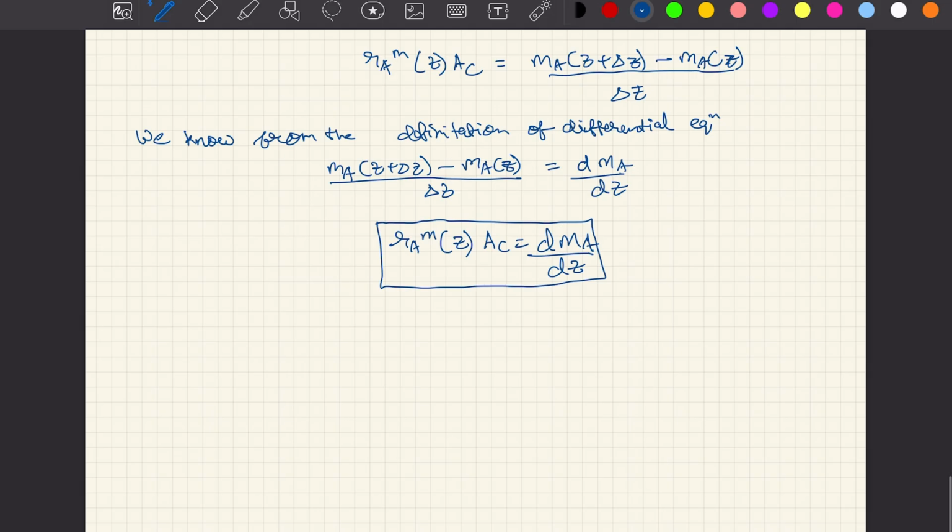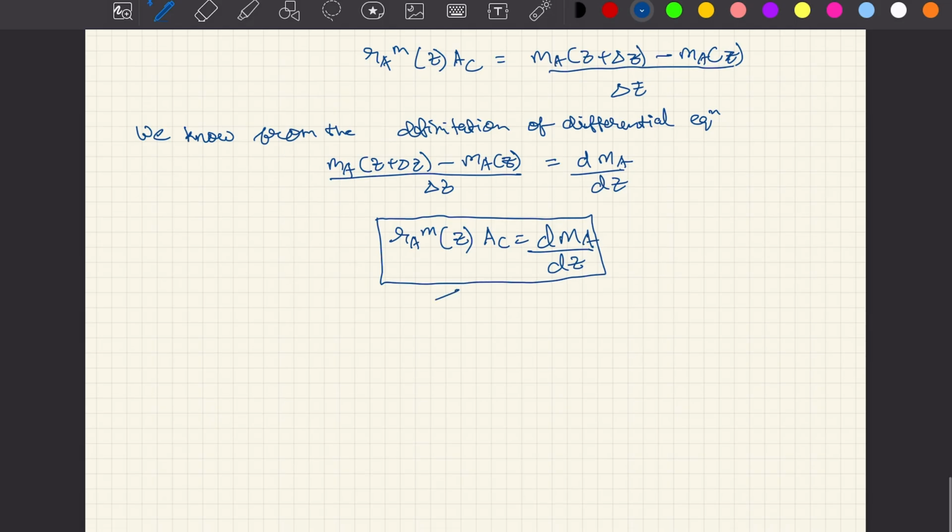so this is the final form of the equation in terms of mass. Similar to above where we converted moles into concentration, we can similarly convert mass into terms of concentration again. We can convert this equation into terms of mass concentration, similar to the above way where we converted moles into concentration gradient. So let's look at that as well.